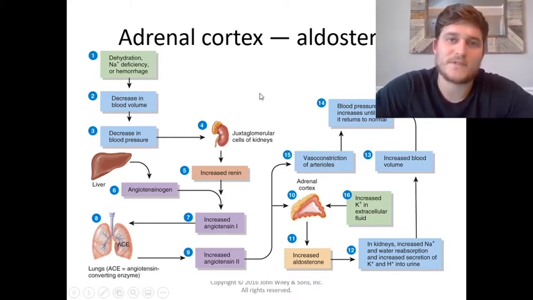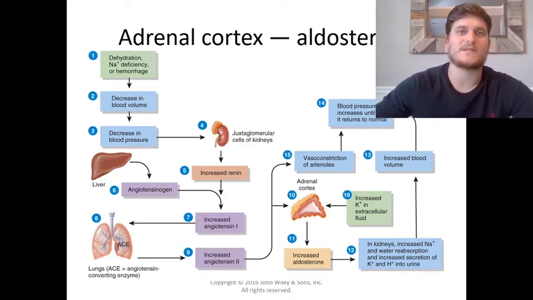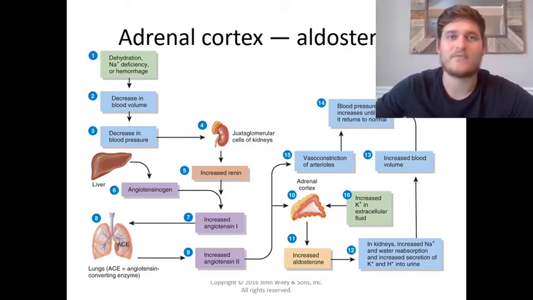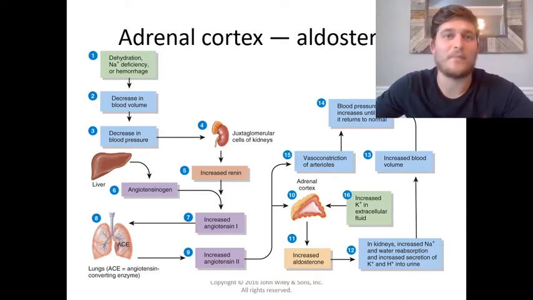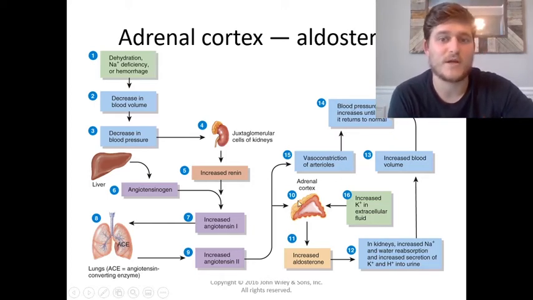But since we are going to be discussing blood pressure in upcoming chapters when we discuss the cardiovascular system, I'd rather talk about the whole system and the whole pathway there. So for now, just keep in the back of your head, aldosterone leads to an increase in blood volume and blood pressure, and that it's released by the adrenal cortex. But again, we'll discuss this pathway more at a later date.